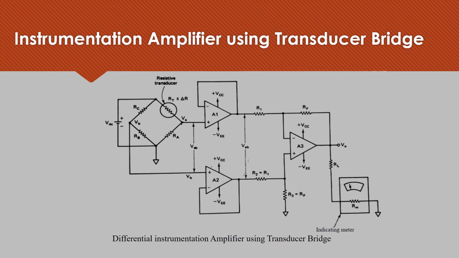This is the resistive transducer which has resistance RT, and when it is allowed to change with a physical quantity, it changes by plus or minus delta R. This is the common Wheatstone bridge. Here you can see the instrumentation amplifier and indicating meter. So this is the full instrumentation system.